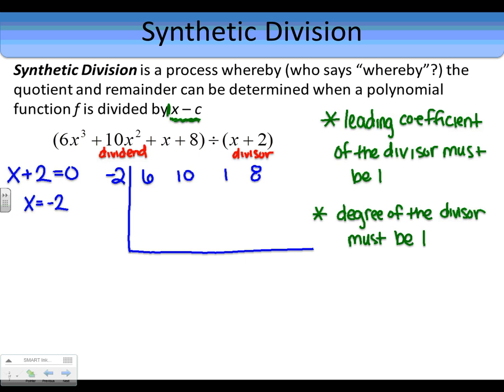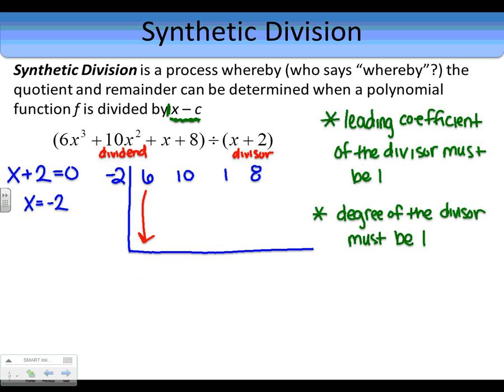All right. And remember, this is just a shortcut. The first thing I'm going to do is bring this 6 down underneath. The first coefficient always just comes straight down. Then I'm going to take my -2 and multiply it by that 6.